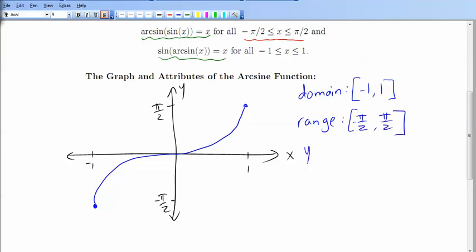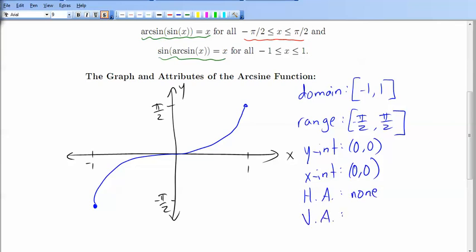The y-intercept, well, we can see it's at the origin. The x-intercept, same thing, it only has one x-intercept, it's at the origin. And we have no horizontal or vertical asymptotes. I guess we can't possibly have any because of the restrictions on our domain and range. Again, you do not have to memorize this graph, it's just cool, so I thought we'd write it down.